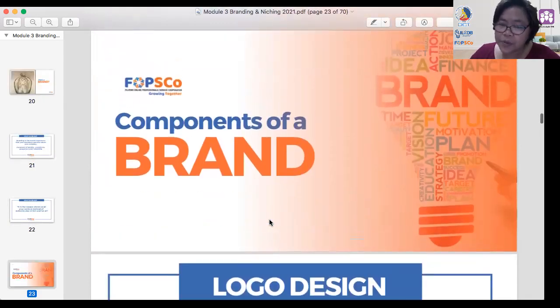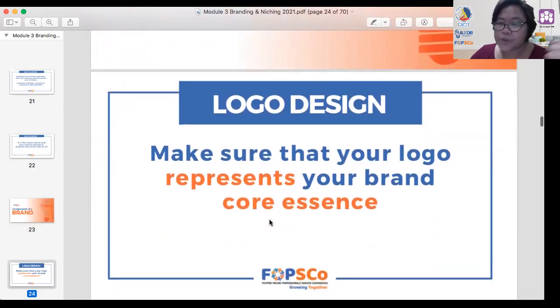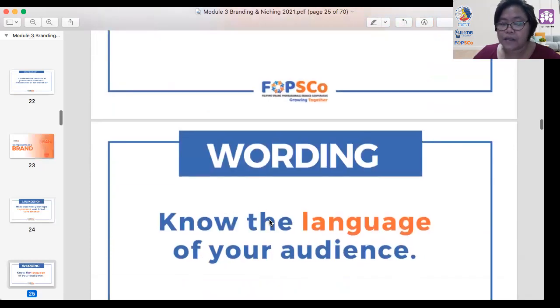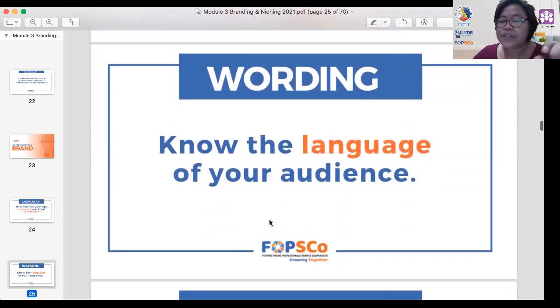So what are the components of a brand? One, logo design. Make sure that your logo represents your brand core essence. It has to be well thought of or conceptualized. Next one, the wording. Know the language of your audience.